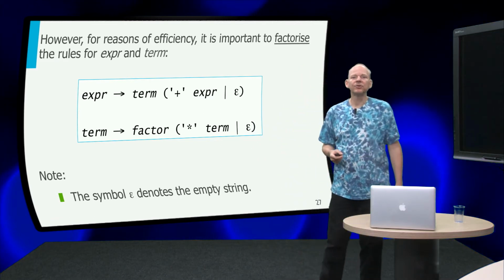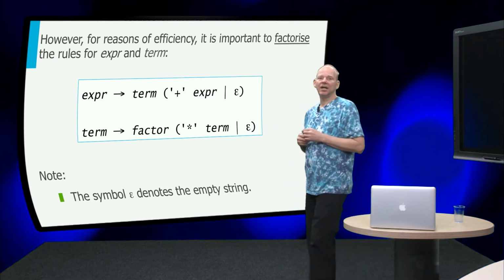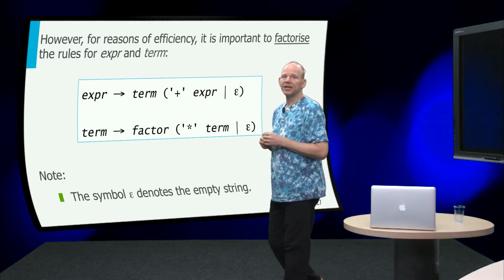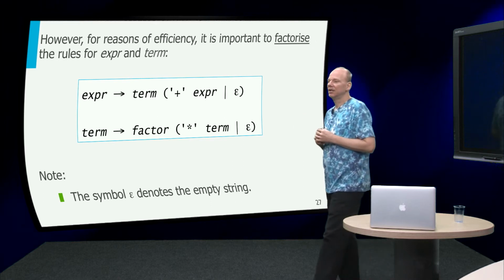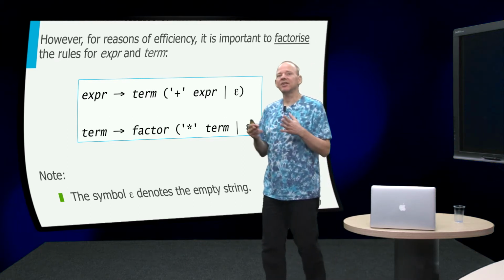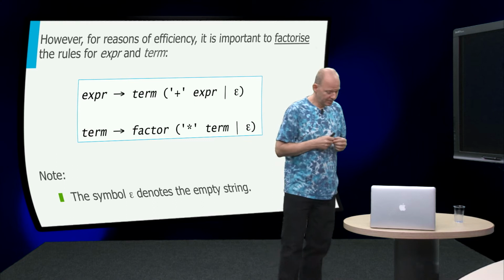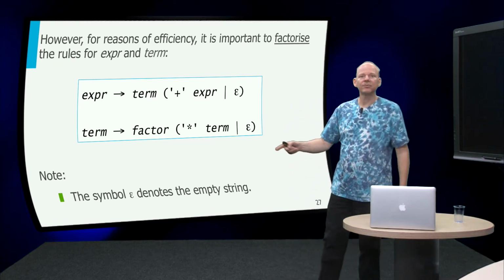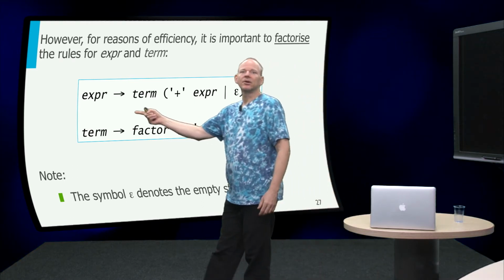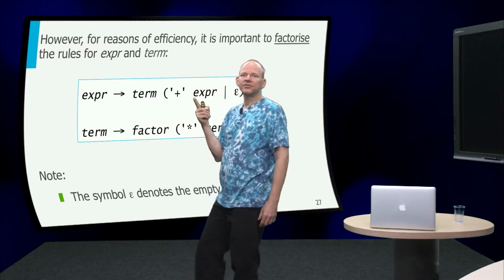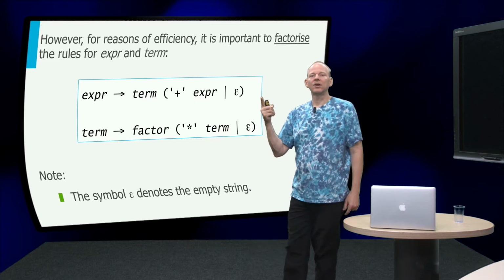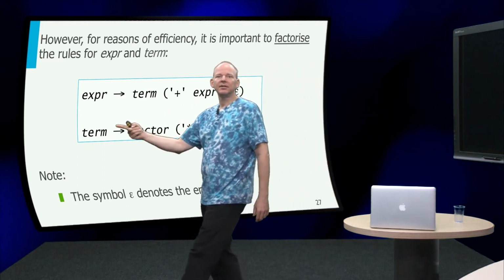But as I said, this is a really standard encoding of expressions in a grammar. Now, what we're going to do is massage this grammar a little bit. And again, it's also very common. Every book on compilers will do this, and often grammars are defined like this. So the way we'll do it is saying, an expression is a term followed by plus and an expression, or the empty string, or epsilon.